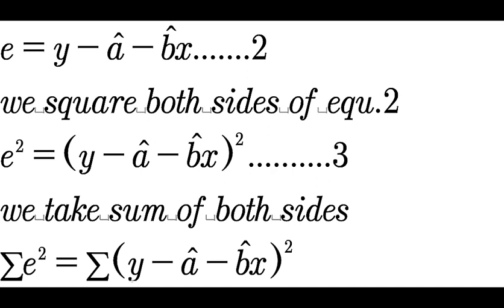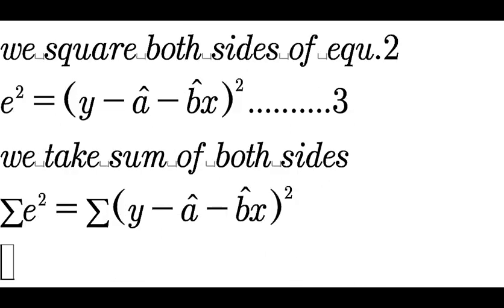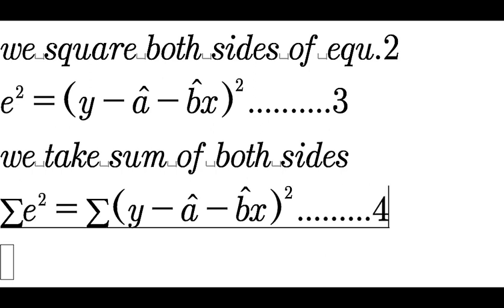Let's call this equation 4 first of all. At this point, we have to what? Minimize this term, the square of the residual. How do we do so?